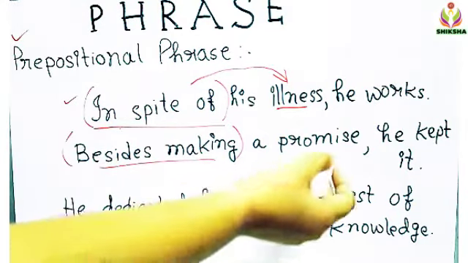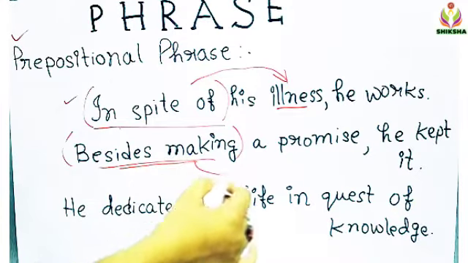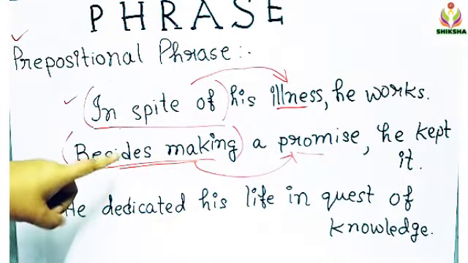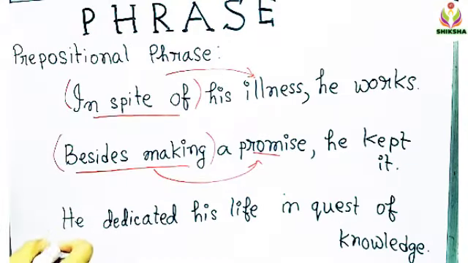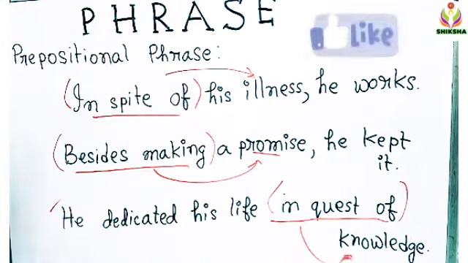Besides making a promise, he kept it. Here the underlined part is connecting the noun promise and it is working here as a prepositional phrase. In the third sentence, he dedicated his life in quest of knowledge. Here the underlined part, that is in quest of, connects the word knowledge. So it is also an example of a prepositional phrase.